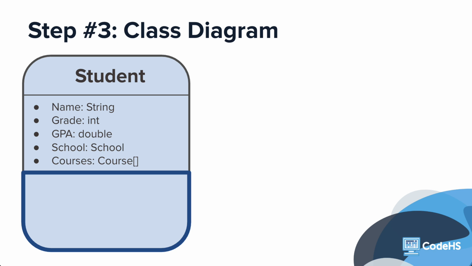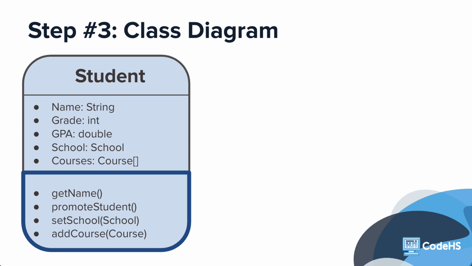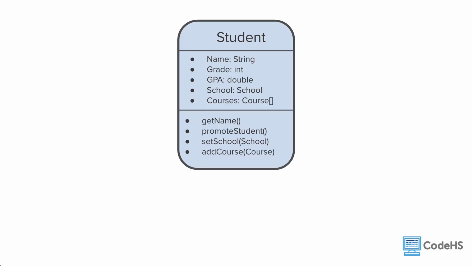There are many different methods you might have come up with, but here are a few. getName to get the name that is stored in the student object, promoteStudent to increase the student's grade level each year, setSchool in the case that a student changes schools. Notice that this method would include a school object parameter to pass into the new school. And lastly, addCourse. This would also have a parameter, this time a course object.